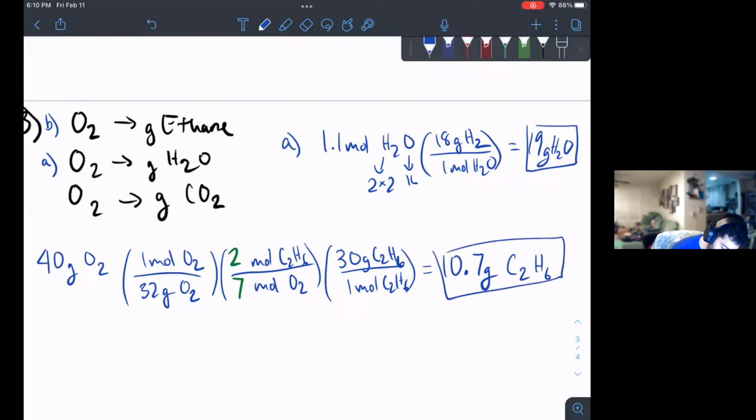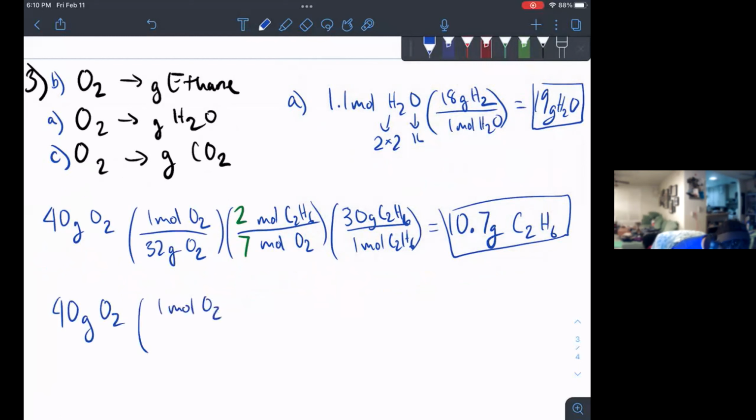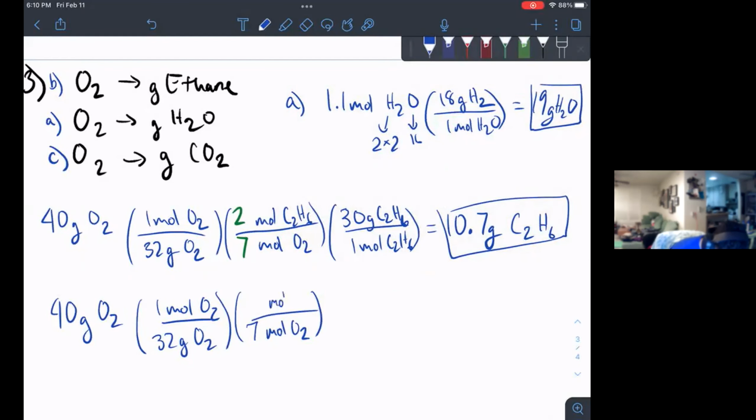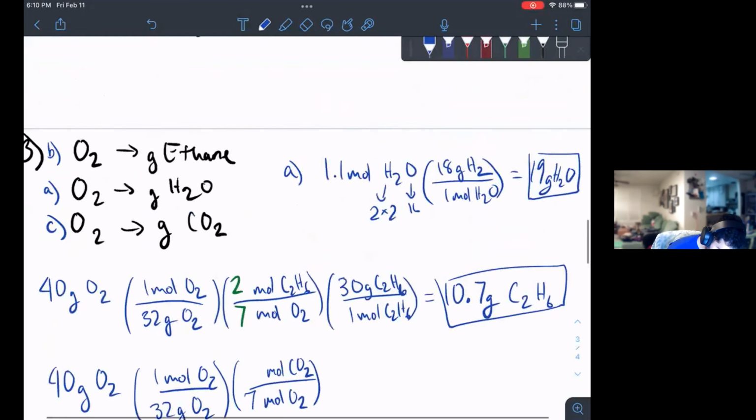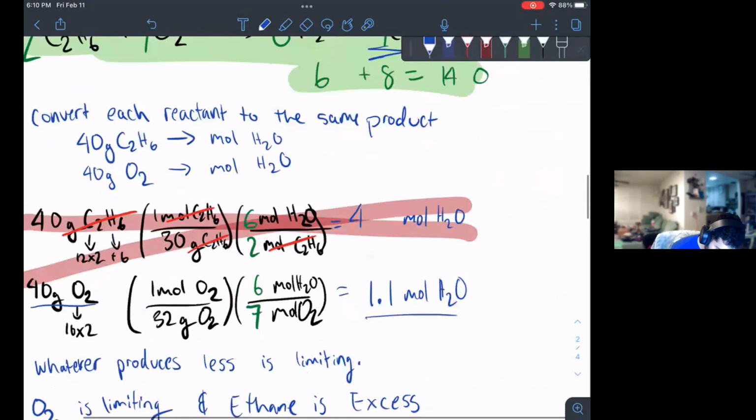All right, let's finally go to the last thing. We're going to go O2 to CO2. And guess what? It's actually going to be pretty much exactly what we just did, because these all start the same until we get to the mole to mole step. This one right here, the bottom's going to be the same, 7 mole O2, but now we're going to mole CO2. And so I need to change the coefficient up to a 4.